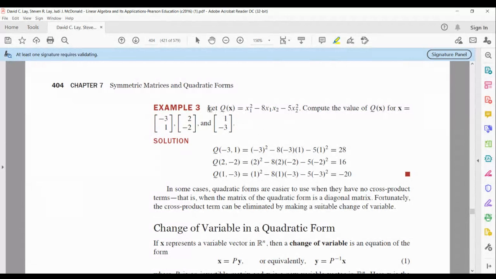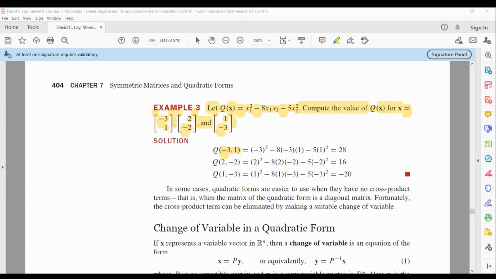So, of course, in example 3, what they do is they give a quadratic form, and they want you to compute the value of the quadratic form for different vectors. When x1 equals -3 and x2 equals 1, you just substitute the -3 for x1 and the 1 for x2 and compute your quadratic form.